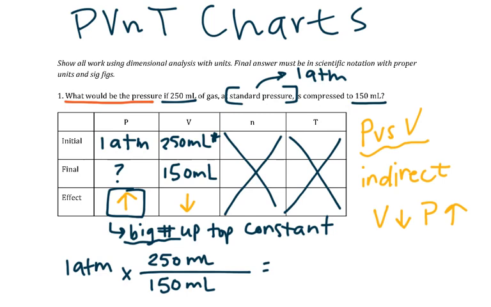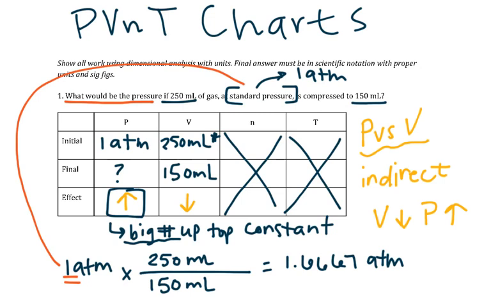So when you do that calculation, you should get 1.6667 atm. Remember, you still need sig figs and scientific notation for your answer. Keep practicing that skill. In this case, your 1 atmosphere was technically not given in the problem, you were just told it was at standard pressure, so you don't want to use that number for your sig figs.